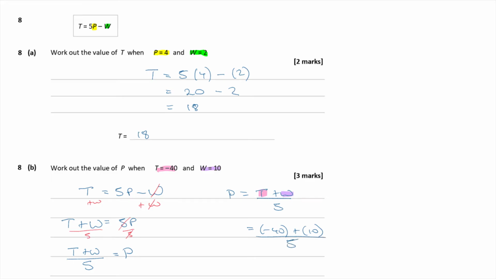So minus 40 plus 10, that's minus 30, and minus 30 divided by 5, that's going to be minus 6 then, isn't it, as an answer? Okay, so that's my final answer. P is equal to minus 6.